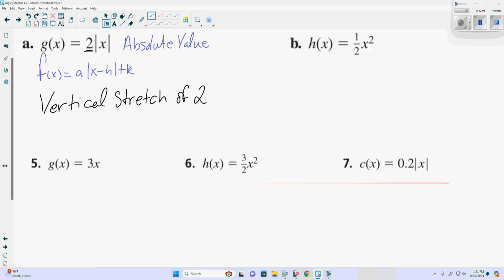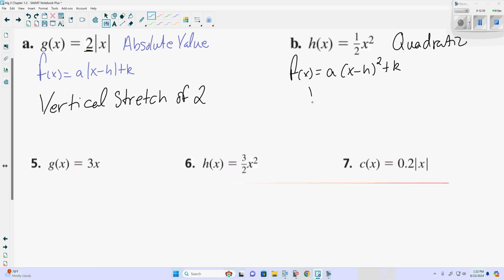Let's look at the next one. H of x equals 1/2 x squared. This would be a quadratic: A times the quantity x minus h, squared, plus k. Again, there's no transformation left to right, up, down, but we do have a value for a.